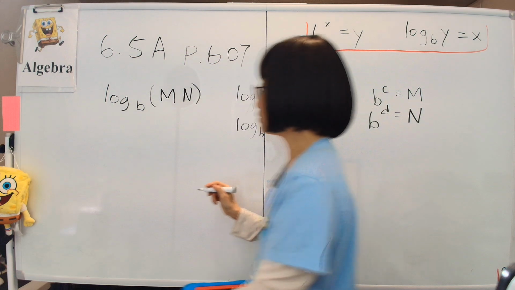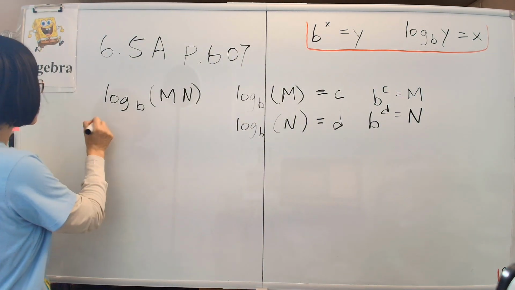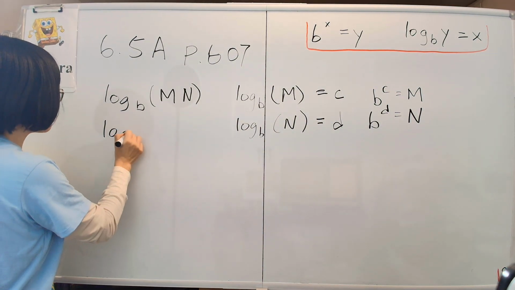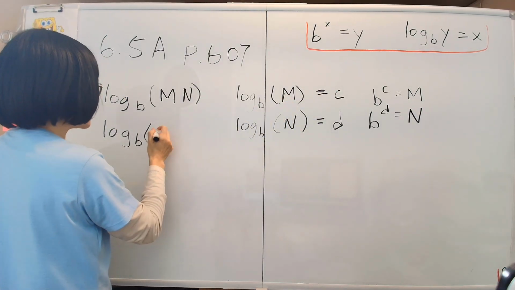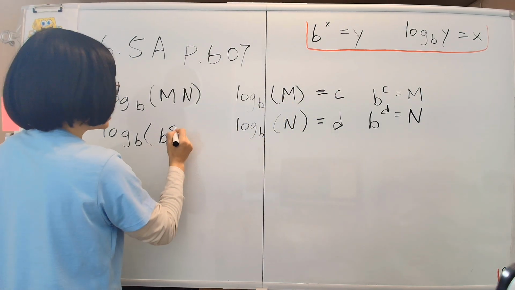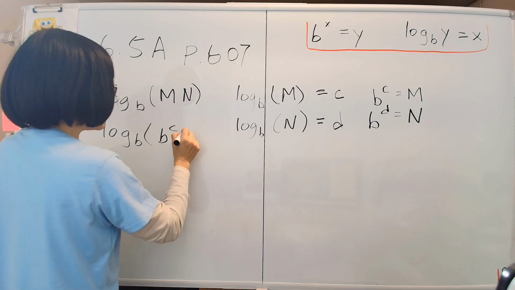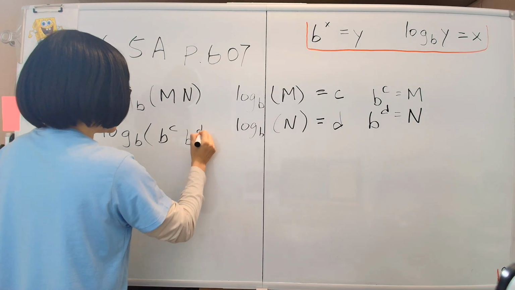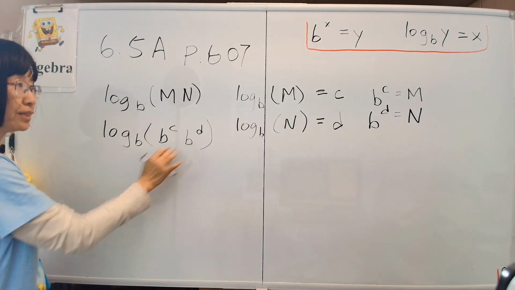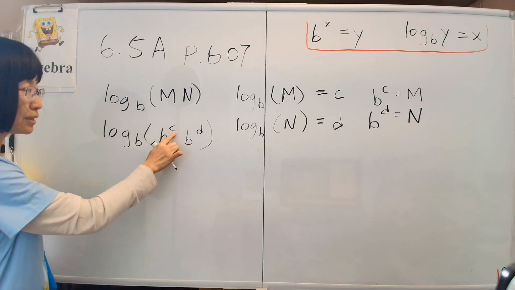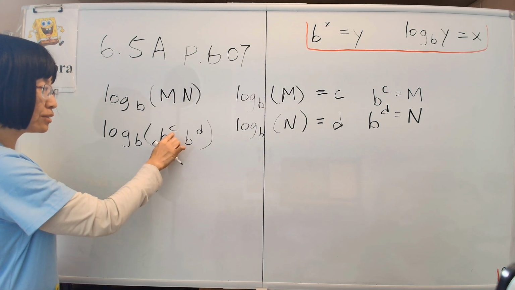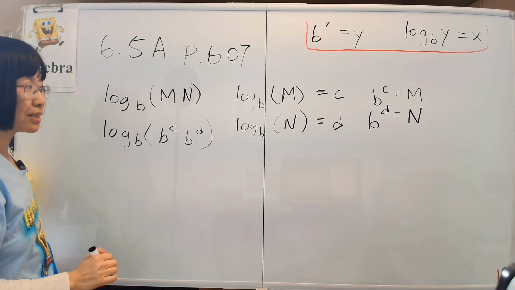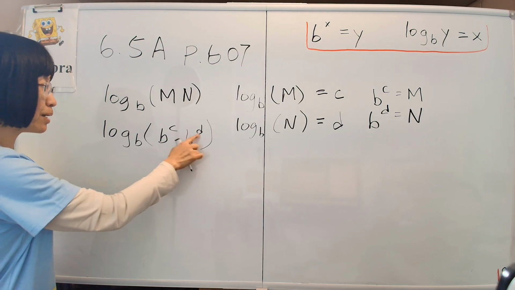So we'll write it like this: log base b, the first M is b to the power c, and the second one, N, is b to the power d. And now we're going to apply exponential rules. The exponential rule says that when you have two numbers that are the same, raised to different powers, the result is the same as adding the powers together.